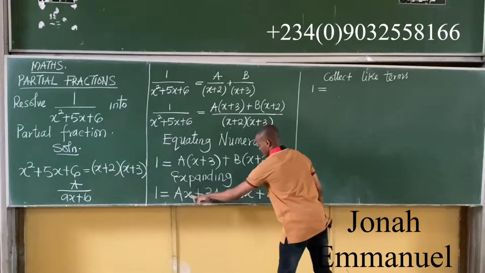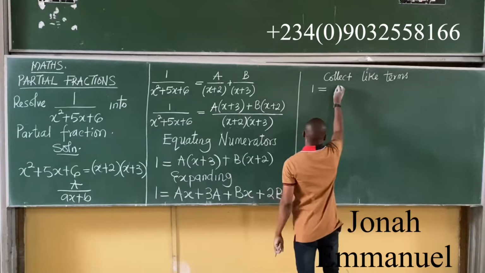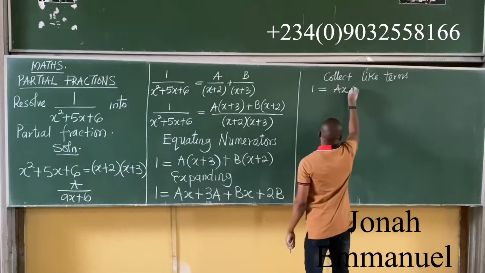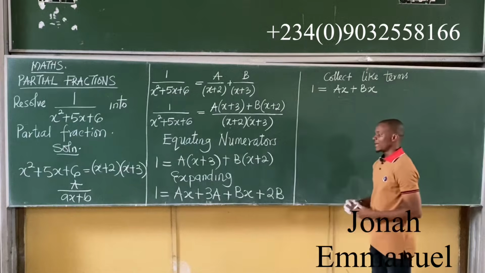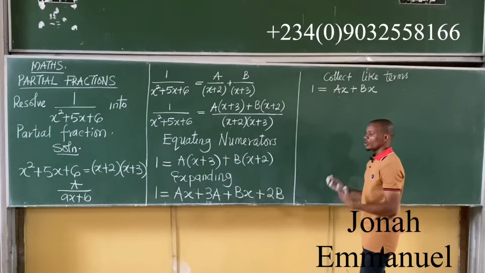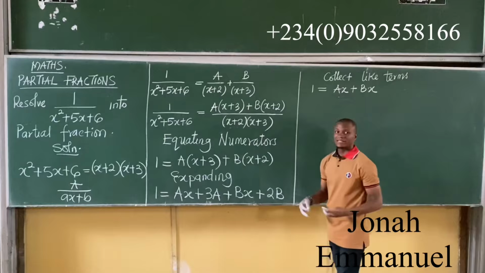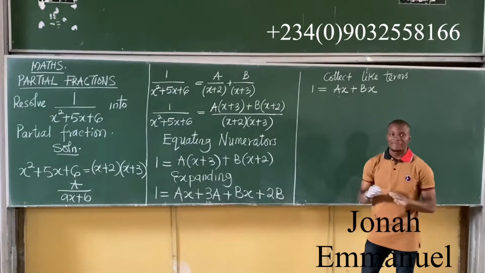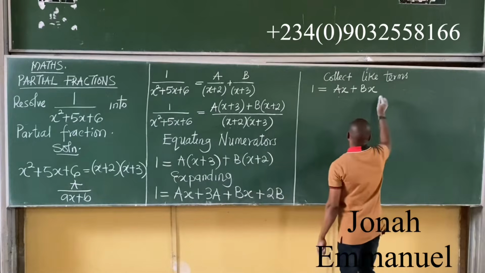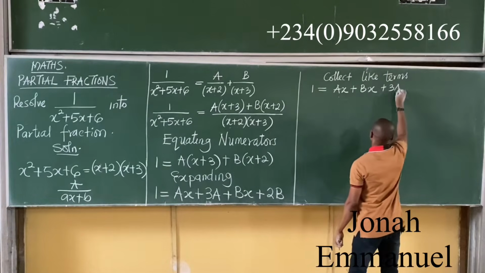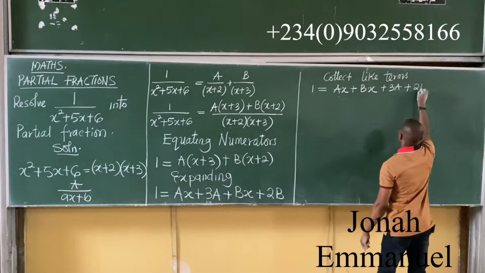So ax plus bx. I'm done taking the terms that have x. Next up, take the constant terms. Constant terms are simply terms that do not have x. That becomes 3a plus 2b. So I have plus 3a, next up, plus 2b.